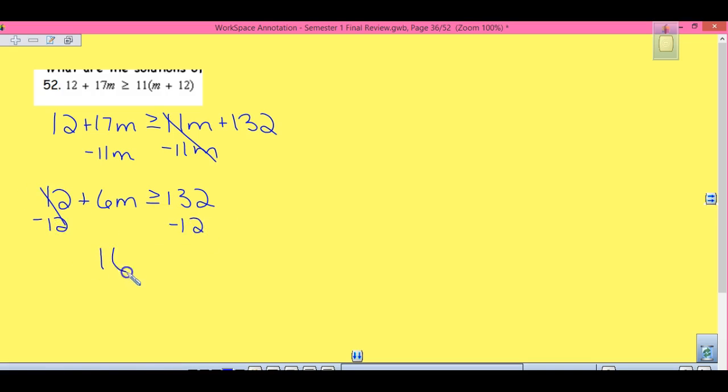Minus 12. 6m is greater than or equal to 120. Divide by 6. M is greater than or equal to 20. If we were going to graph this, would it be open or closed? Now it would be closed, yep.